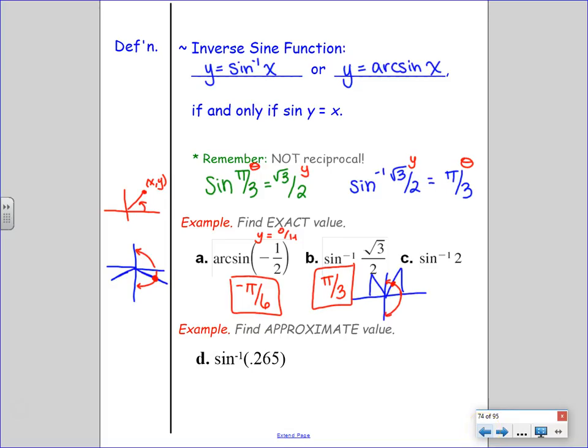Then we talked about how a normal sine says, give me an angle, and I'll give you a ratio of sides, but which sides?